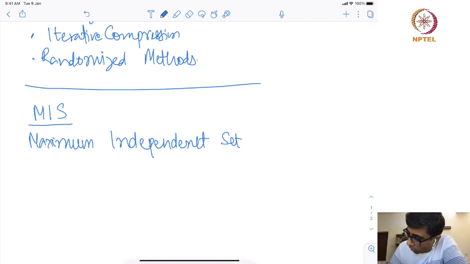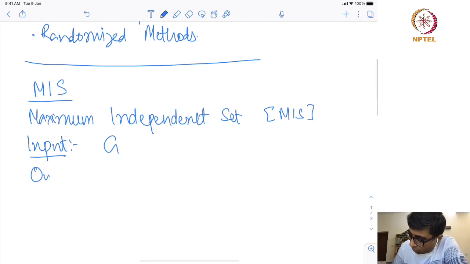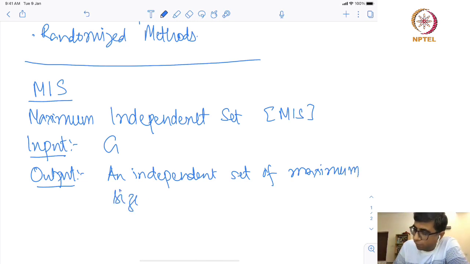So the input is going to be G, and we need to output an independent set of maximum size, right? So we would like to output a maximum independent set of size as large as possible.